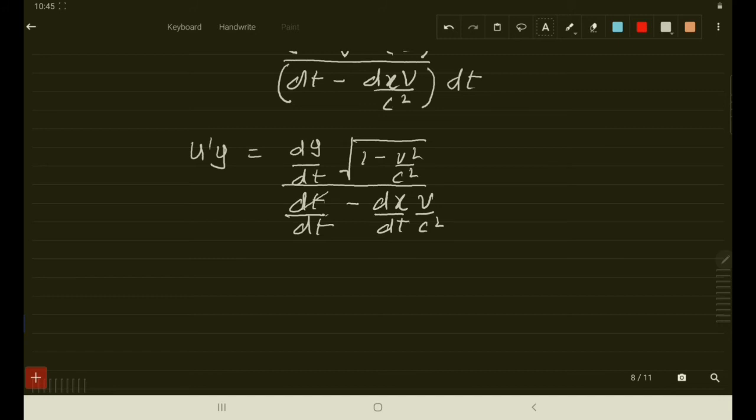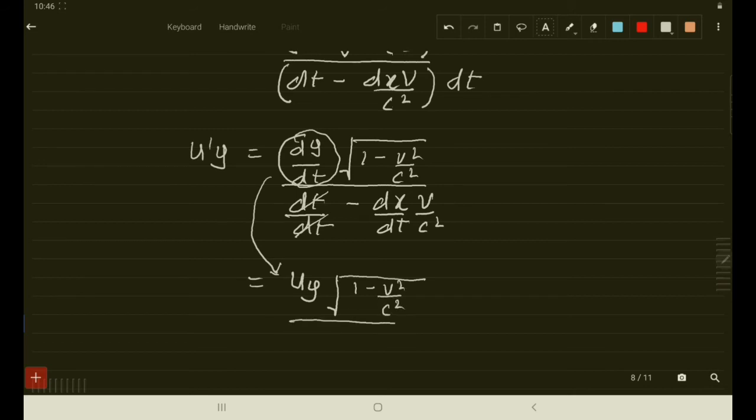Now this dt and dt will cancel, and dy by dt gets converted into uy, multiplied by this whole factor 1 minus v square divided by c square, the whole divided by 1 minus dx by dt, which is nothing but ux, v divided by c square. This will be u dash y.